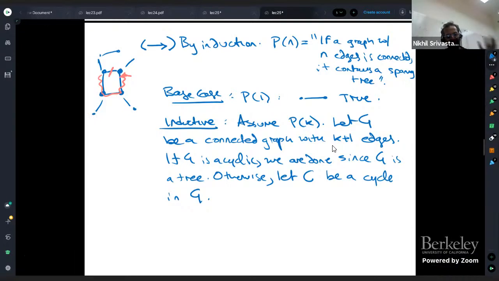Now I want to use induction. I want to turn this into a problem about a smaller graph. Now the key observation is if you delete any one of the edges on the cycle, you're not going to disconnect the graph.